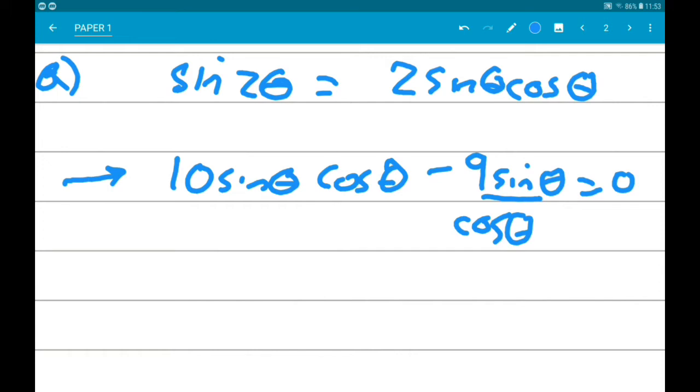Sorry, 10 sine cos squared. So, 10 sine theta cos squared theta minus 9 sine theta is 0.